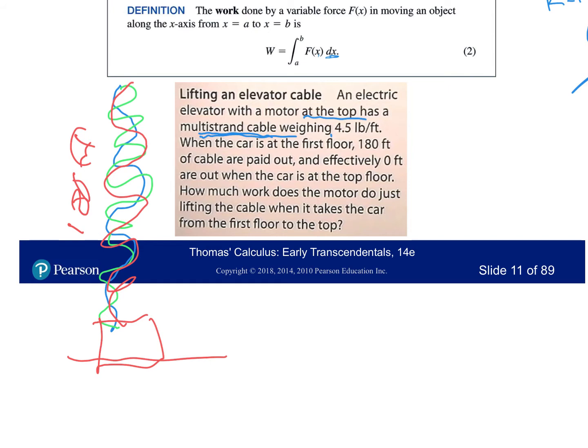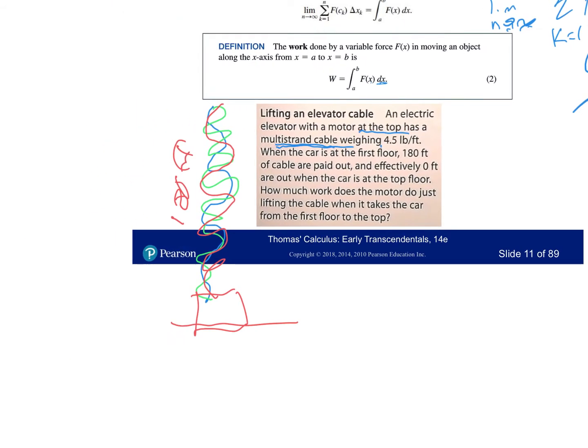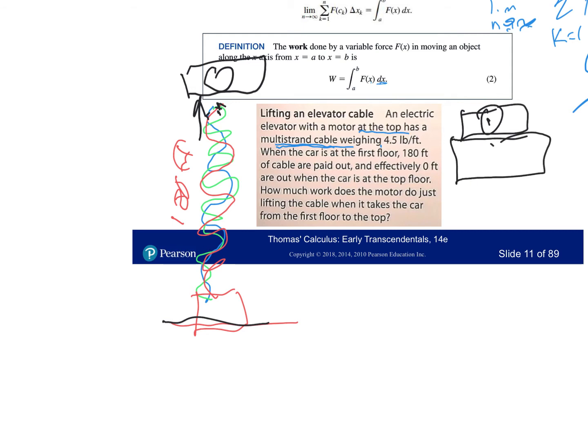And effectively, 0 feet are out when the car is at the top. That sort of tells me that there's a motor up here then. There's a motor up here that's cranking this cable up to lift the elevator, okay? So when you lift the elevator all the way to where the motor is, here's the top of the elevator now, there's no cable out.